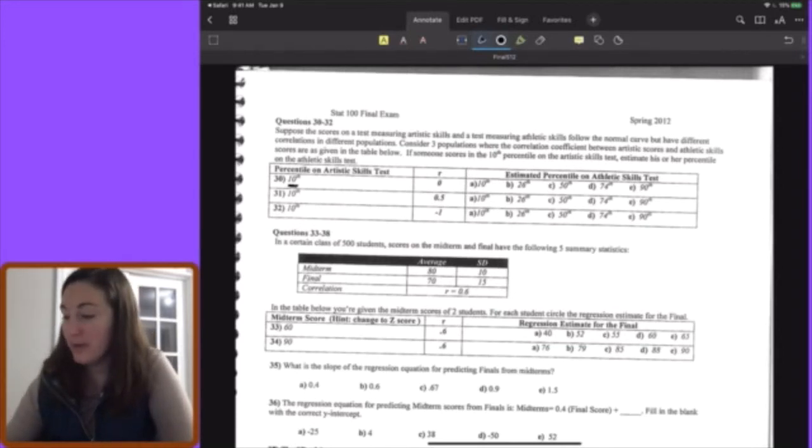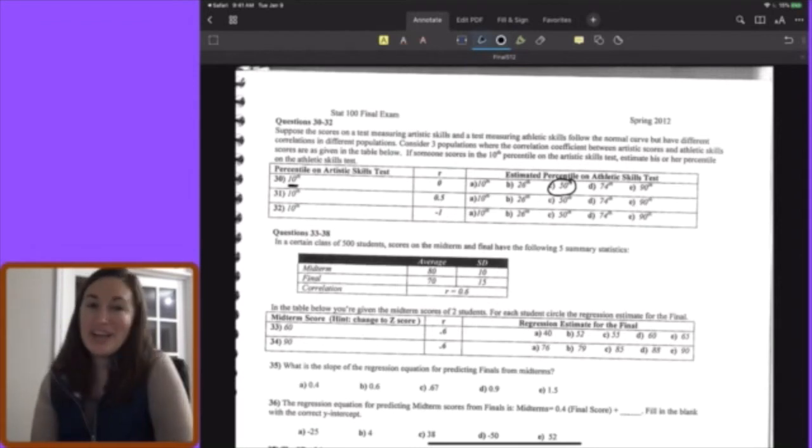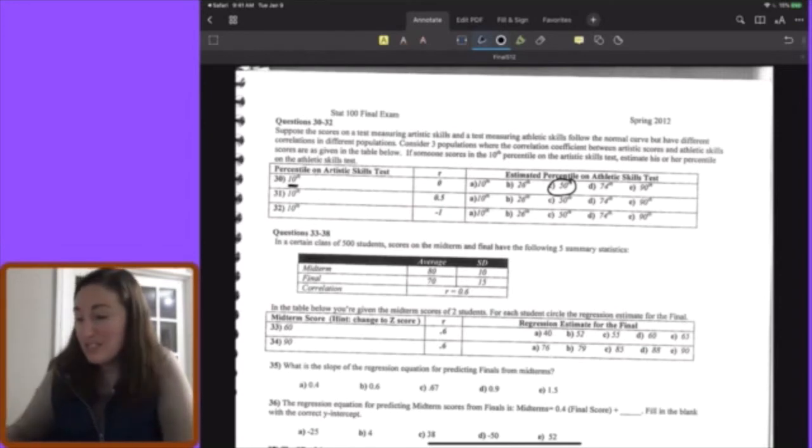So I just have to make a random guess for the athletic skills. And we usually want to, or always if the data is normally distributed, we want to guess the 50th percentile because that's exactly average and exactly the median. Okay, so basically if R is 0, we want to always pick the 50th for our prediction.